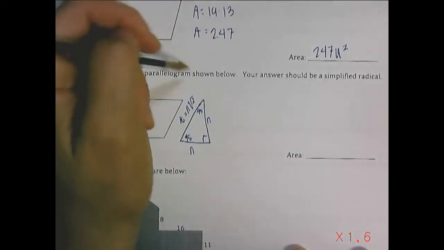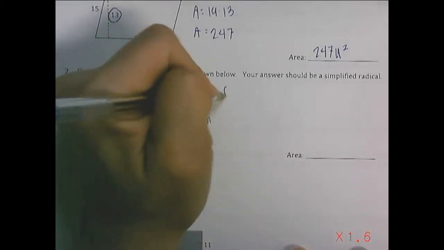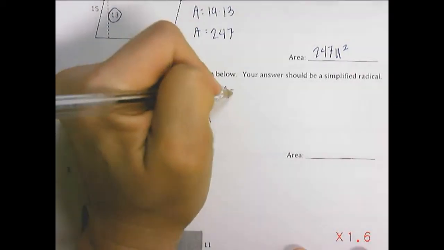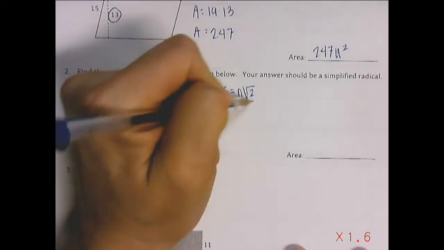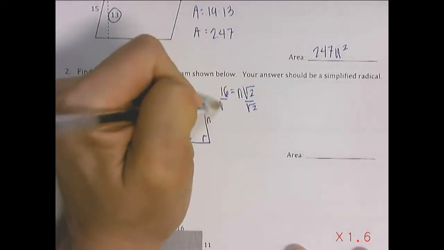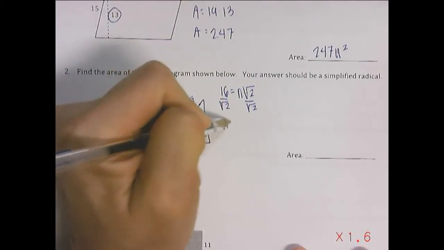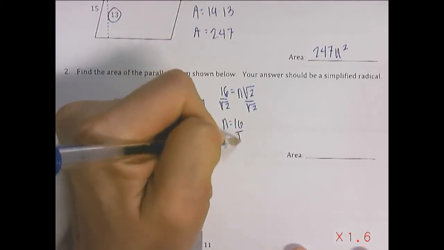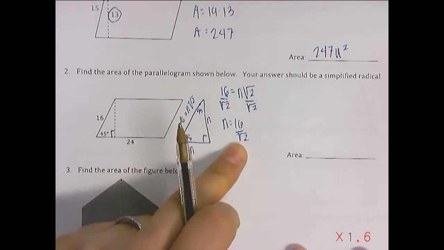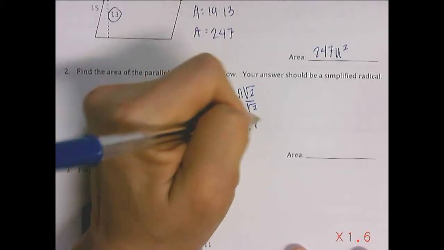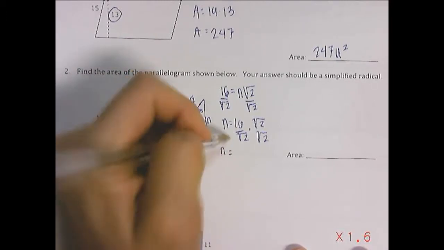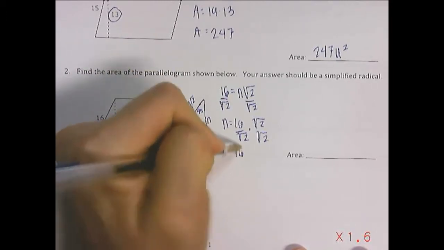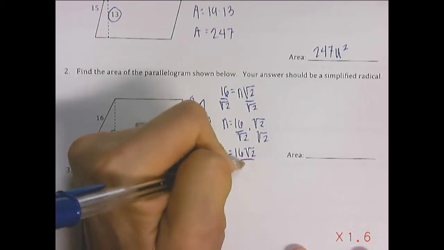I would need to solve for that, so I would have 16 equals n rad 2. I would divide by rad 2 and divide by rad 2, and I would have n equals 16 over rad 2, but I can't have a radical on the bottom, so I have to rationalize and multiply the top and the bottom by rad 2, and I would get 16 rad 2 over 2.